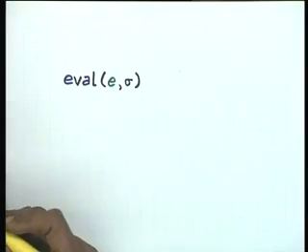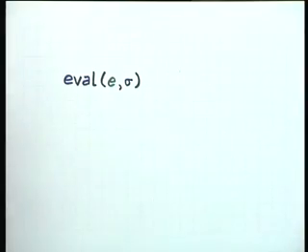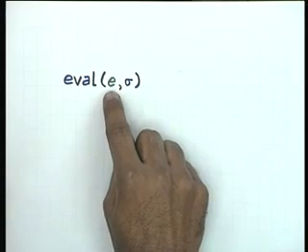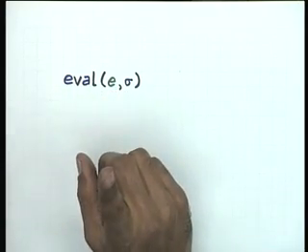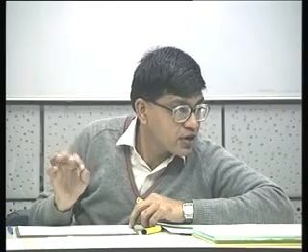Unless you have explicitly proved it, there is no reason to believe that evaluating an expression gives you a single answer. Until you have proved it, you cannot be sure.